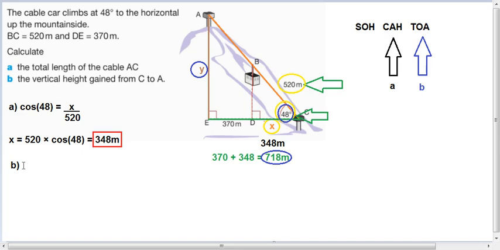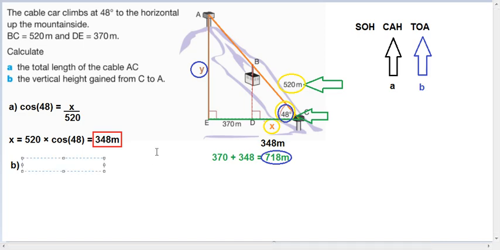So let's use TOA to solve letter B. Tangent of 48, because the angle is the same, is going to be equal to the opposite side, so y, divided by the adjacent side, 718.